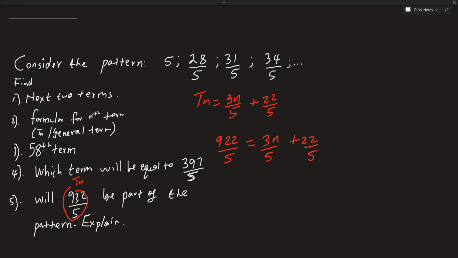To prove that the value forms part of the pattern, you are always trying to show that n is a natural number. By natural number, I mean 1, 2, 3, 4, 5, 6, and so on. So you are trying to show that n is not a decimal, basically.